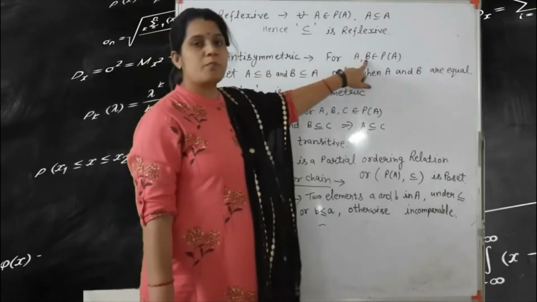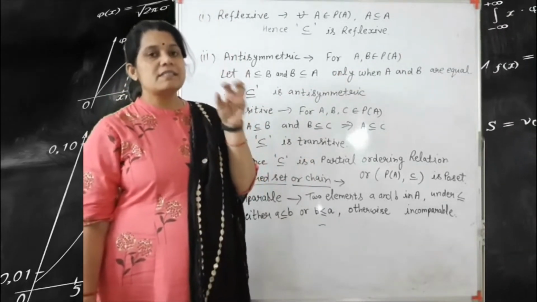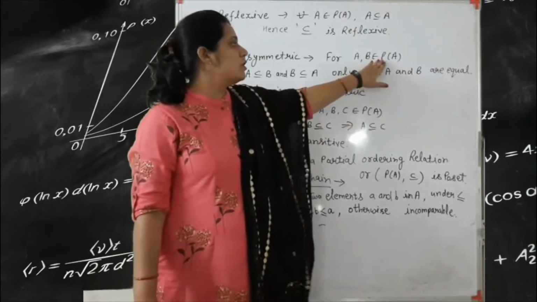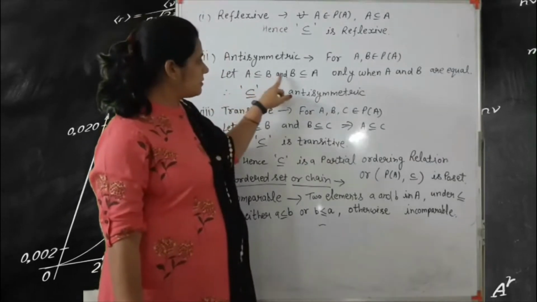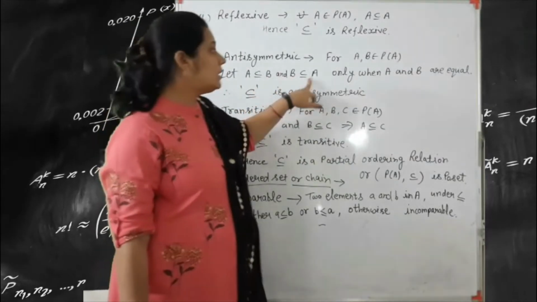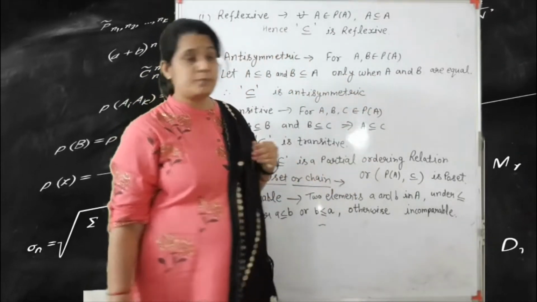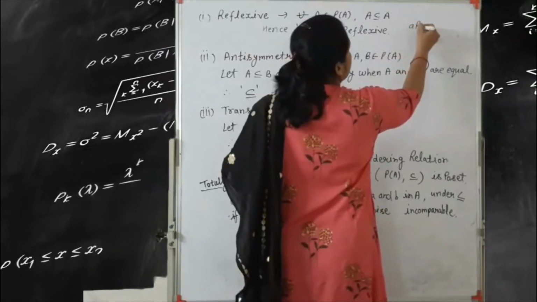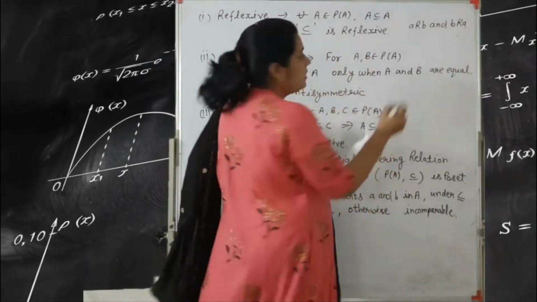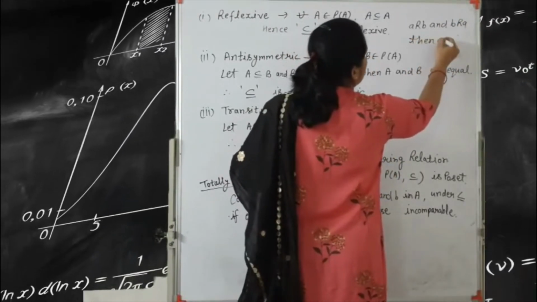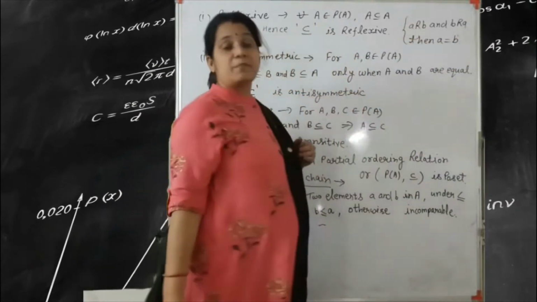For A, B belongs to P(A), that means we have two sets A, B belonging to the power set of A. Let A be a subset of B and B be a subset of A only when A and B are equal. We have already seen the antisymmetric property: if A is related to B and B is related to A, then A is equal to B. So this is the property of the antisymmetric relation.